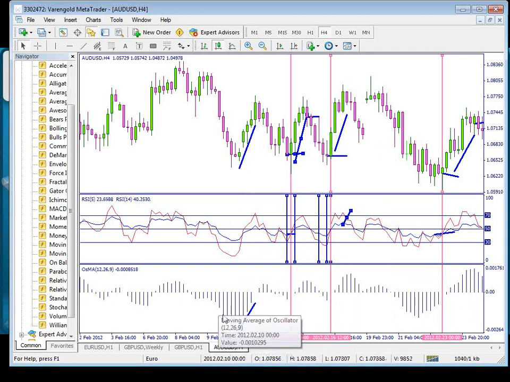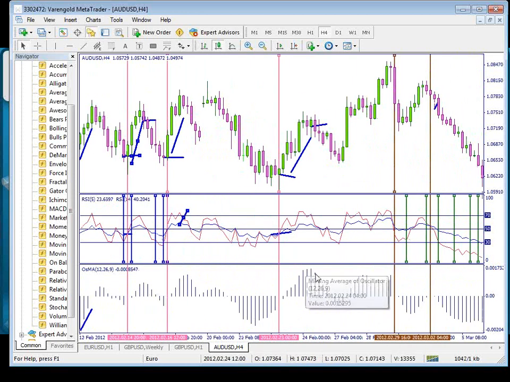So here, when the oscillator of moving average is under the zero level and the candles start to be smaller and smaller, we have the signal for buy. In a situation like this one, when the candles are making a high and start to be smaller and smaller, we have to be prepared for a sell order, a sell signal.